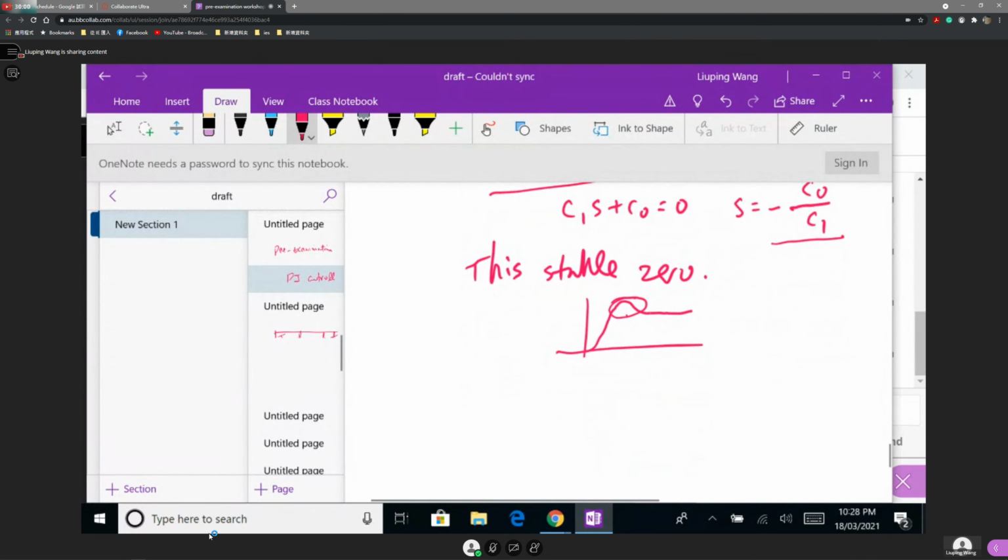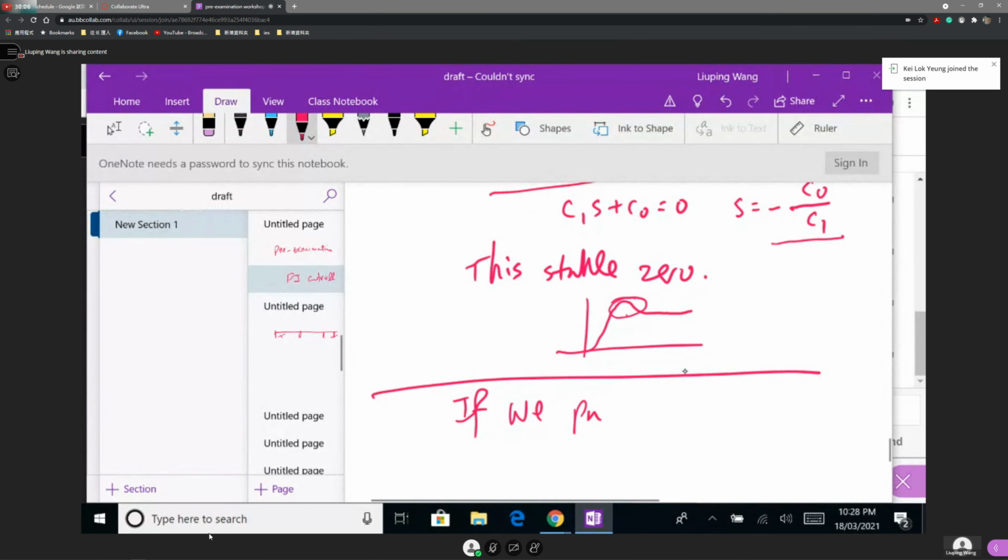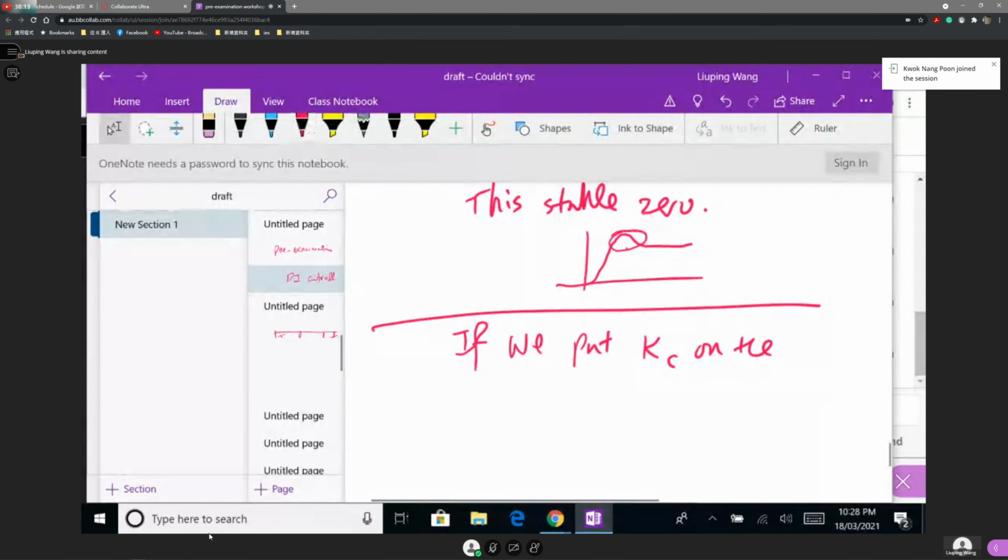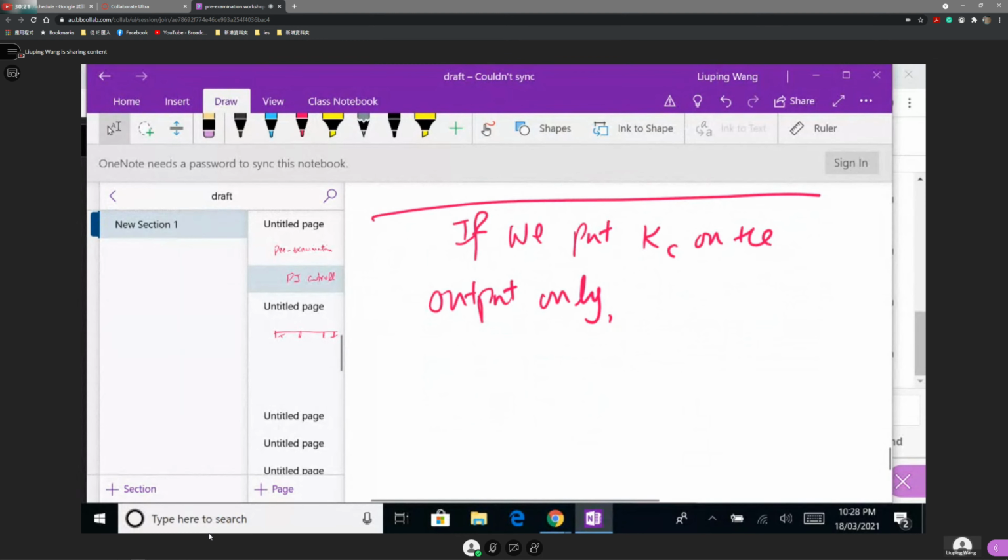Now if we put Kc on the output only, right? So what is your transfer function?